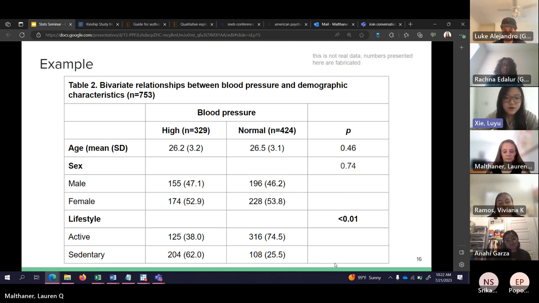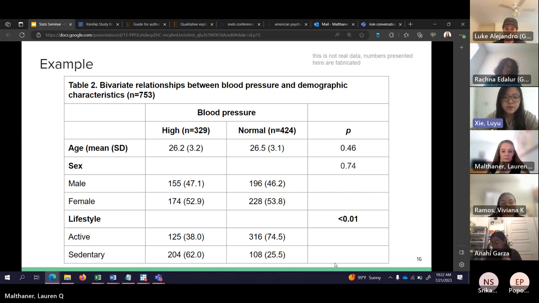Okay, so after running those codes, either in Stata or SAS, they will give you similar results. So you can start to create your table 2, which is a bivariate relationship between the blood pressure and the demographic characteristics. We just divide the blood pressure into two groups, high versus normal, and we have the mean age in both high and normal group.